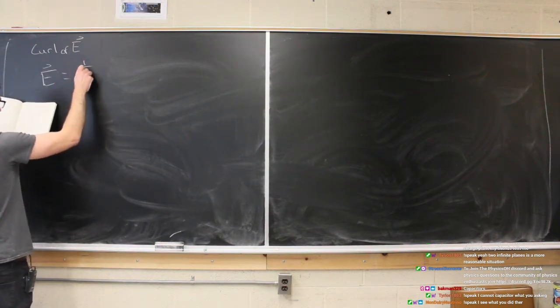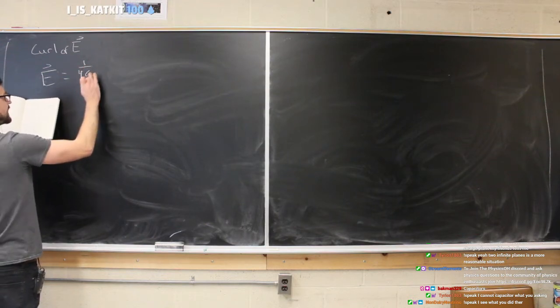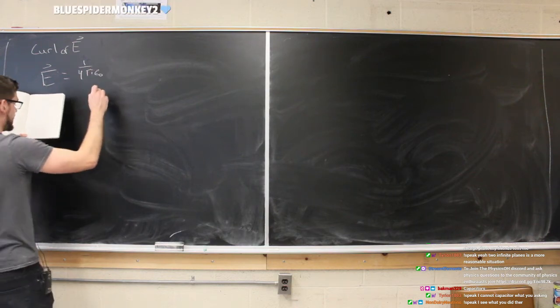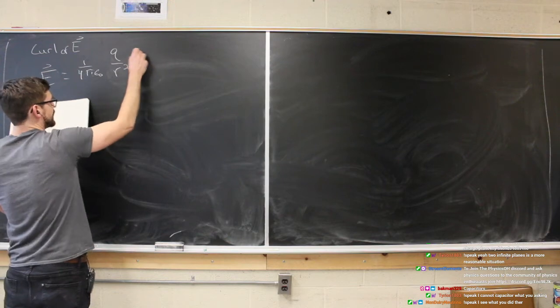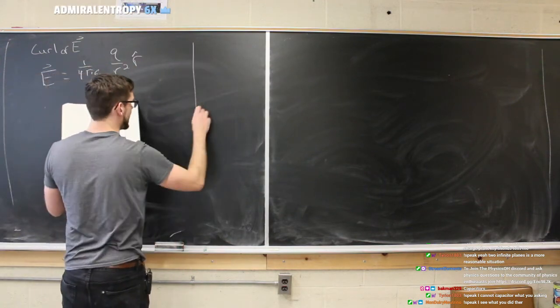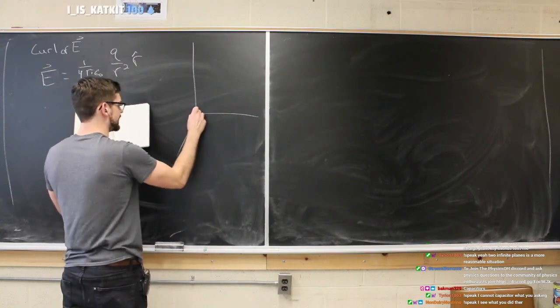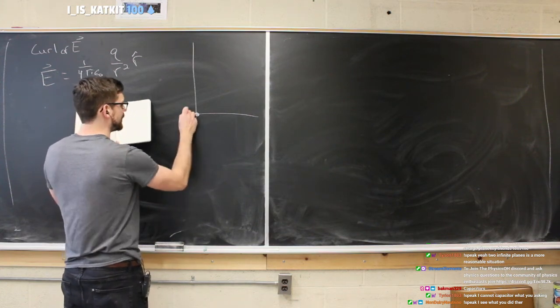1 over 4 pi epsilon naught. This is just writing down the E field of a source charge on the origin. So now we have a source charge on the origin. Instead of using crazy script r's, we're just going to use regular, plain, boring r's. We'll have some three-dimensional axis where this is our source charge, Q. And we're going to have two random points in space, okay?